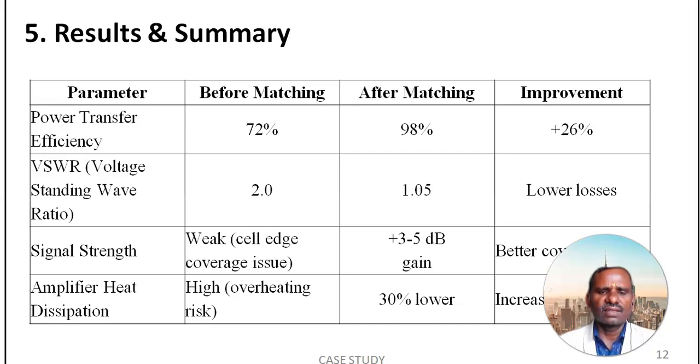Then signal strength: a weak cell edge coverage issue was found before matching. After matching we could see a gain from plus 3 dB to plus 5 dB, which gives better coverage.